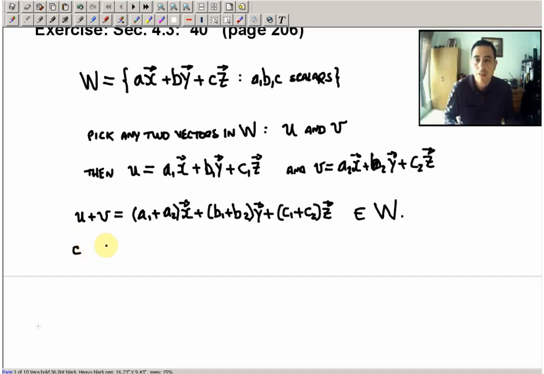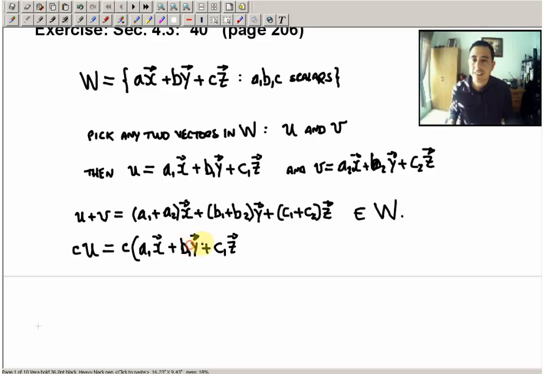Well, what happens now if I multiply by a scalar C? Pick a vector U and then multiply by a scalar. Well, this will be C times U, which is this whole thing here. Let's see if I can copy that real quick. And let's paste that there. That's U. And then multiply the scalar times each term.